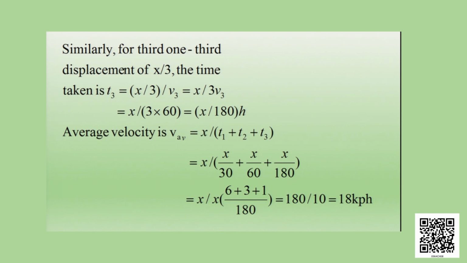Now what is the average velocity? You know the definition of average velocity: average velocity is equal to total displacement by total time taken. What is the total displacement? x. What is the total time taken? t1 plus t2 plus t3. So v average equal to x divided by (t1 plus t2 plus t3).